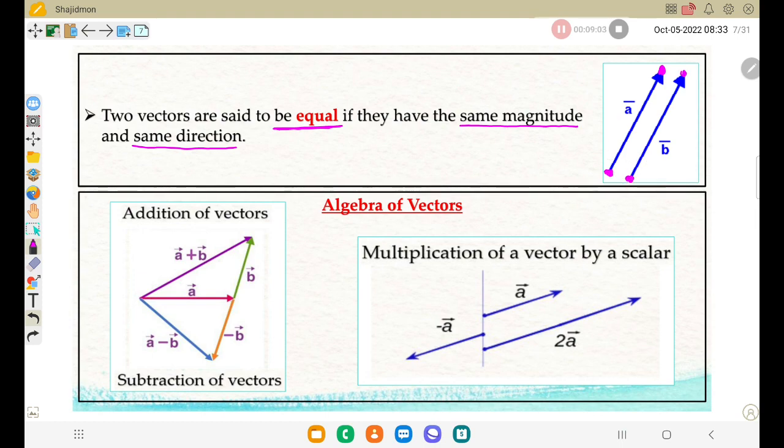Both vectors should have the same magnitude, that means the distance from here to here and from here to here should be the same, and the same direction also. That type of vectors we call equal vectors. For example, one vector like this, vector a, and another vector like this, vector b. See, both have the same magnitude and same direction, so we can say they are equal vectors.